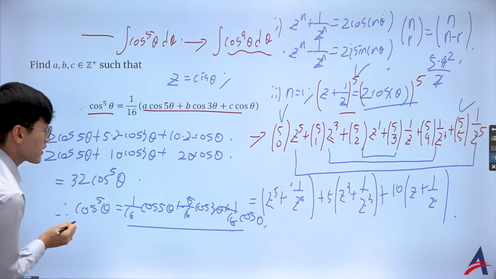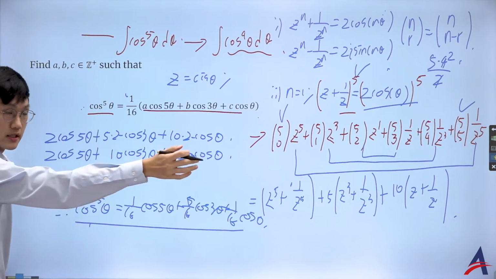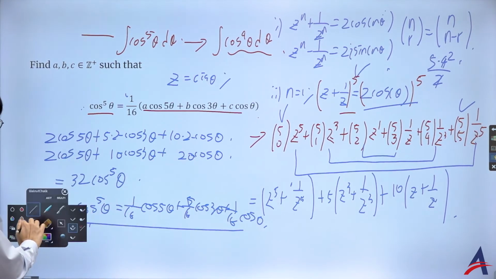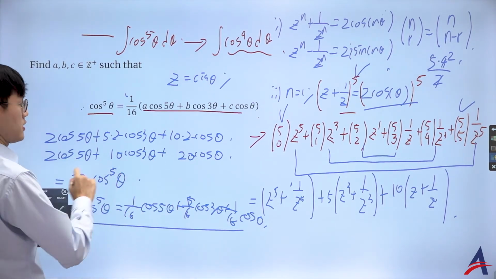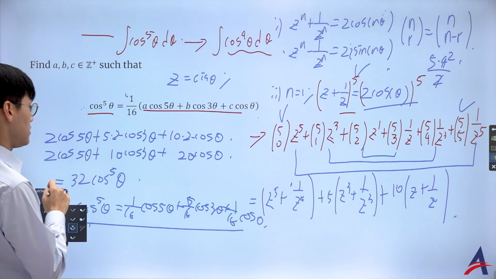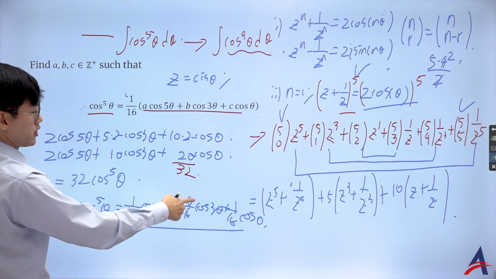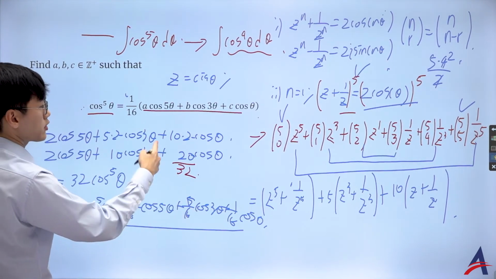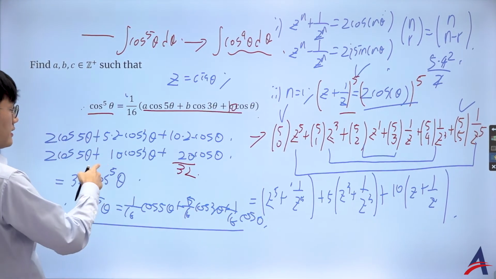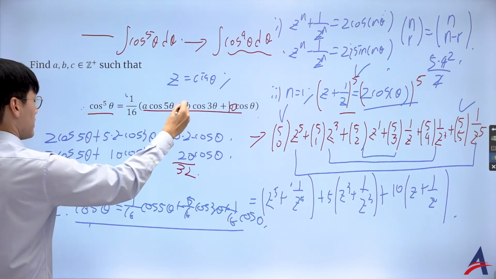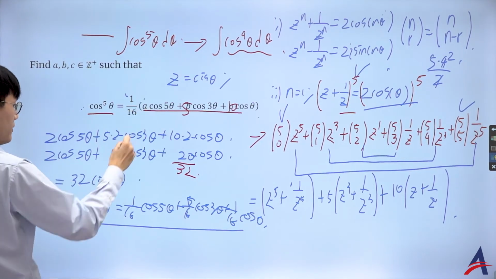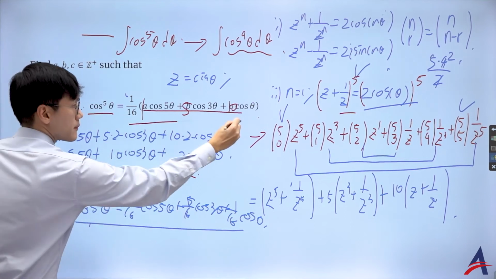So obviously you can then factorize with the common factor of 1 over 16 to induce those coefficients. So A is going to be 1, 5, and 10, right? Yeah, that's correct. So those are my coefficients.